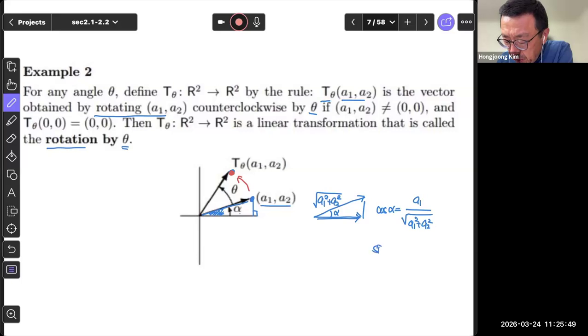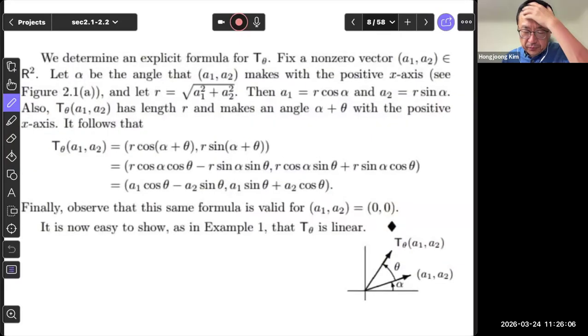So sine alpha will be a2 over the square root of a1 squared plus a2 squared. If I use r to denote the length of this arrow, then a1 will be r cosine alpha and a2 will be r sine alpha, as I mentioned.